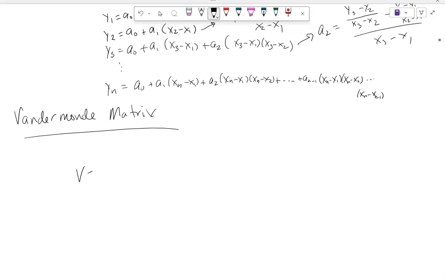So your Vandermonde matrix, you've got ones, and then you've got x's, and then the x's squared, and you keep going until you get to the n minus 1 power.